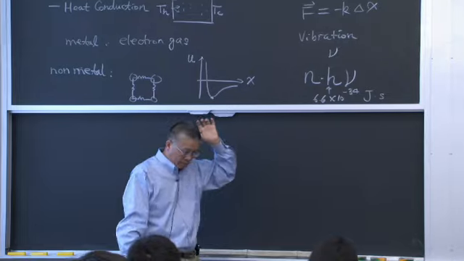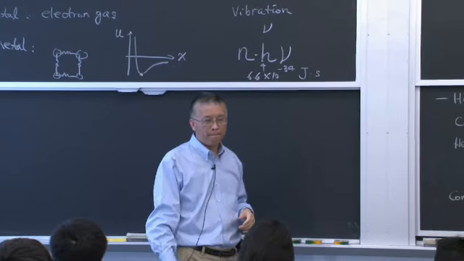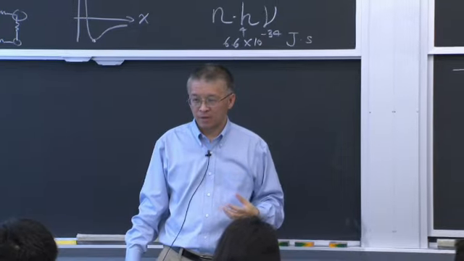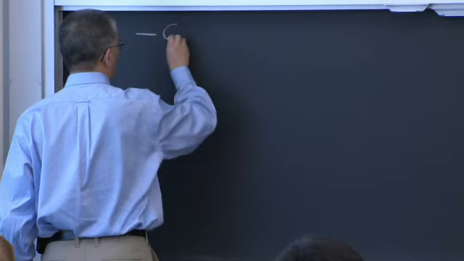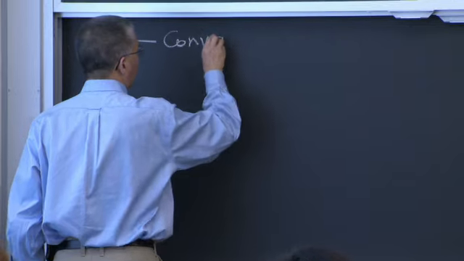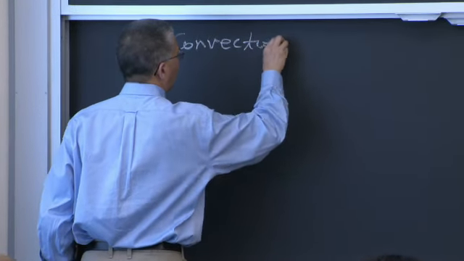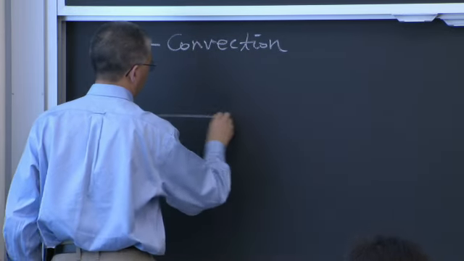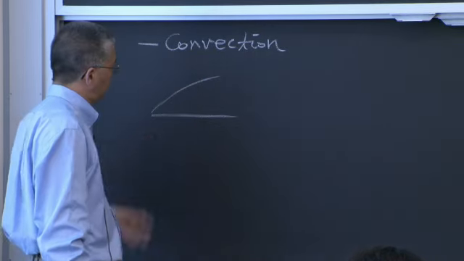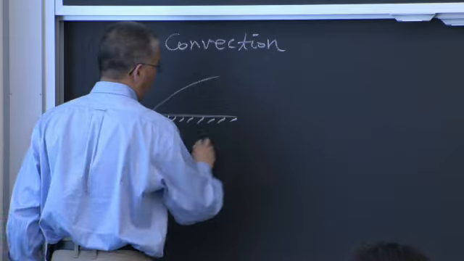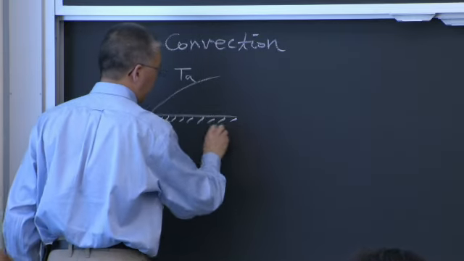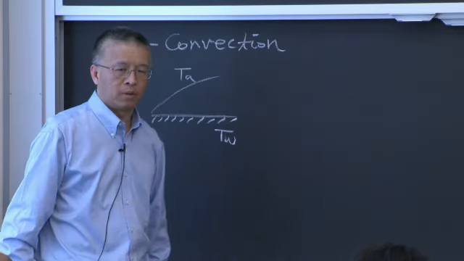So that's conduction. Convection. What's the difference? Microscopic picture for convection. You have a hot object and the ambient, and we gave the Newton law of cooling.